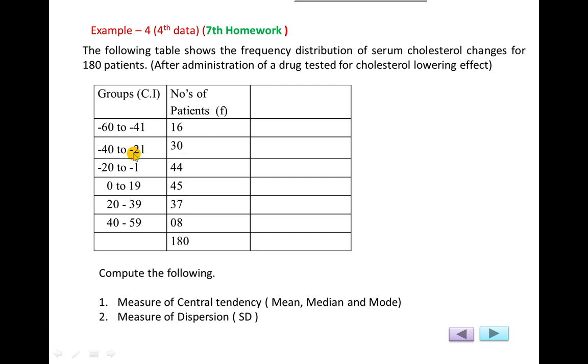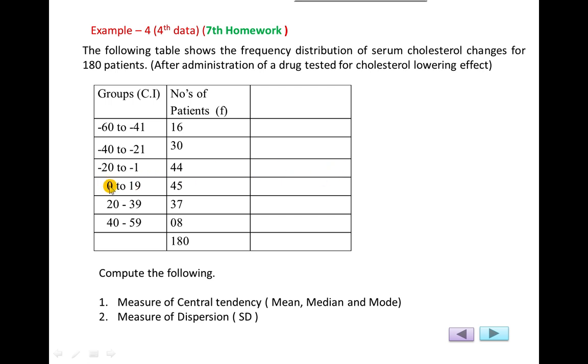This will be minus 20.5 if you add in this. So this minus 40.5 and this minus 40.5, both are the same, which indicates this is the class boundary. Same as here. Subtract 0.5, you will obtain minus 20.5, and minus 0.5 plus will be minus 0.5.